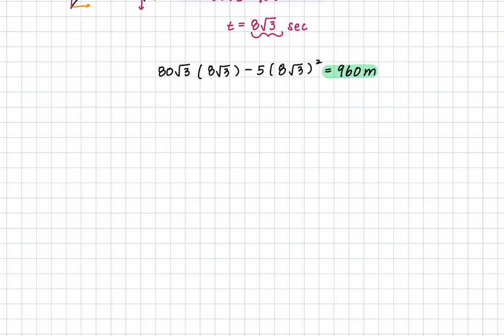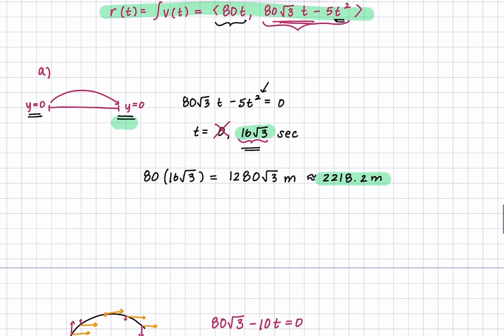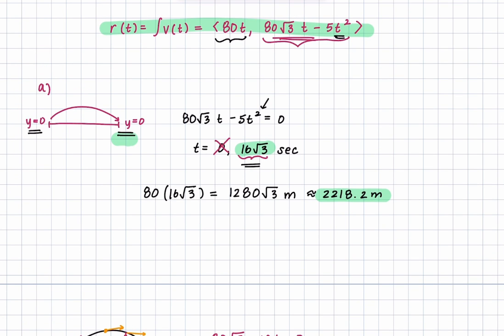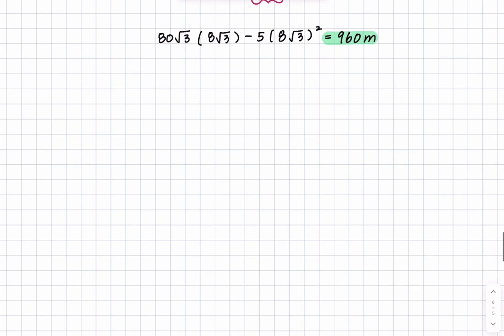Moving on to our last part, part C, which is the speed at impact. We already know that the object lands at its maximum distance at a time of 16 root 3. To calculate the magnitude, we can just plug this time into our velocity function and then find the magnitude of that. So let's do that right now.